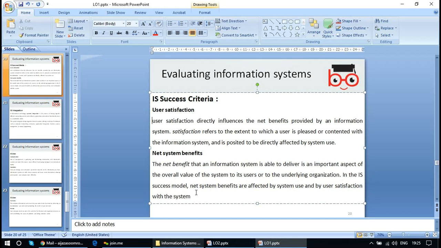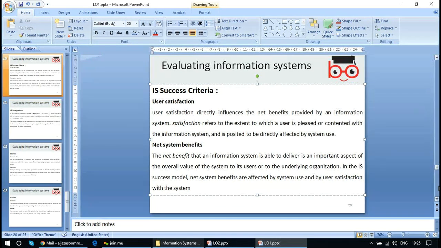So whatever the overall benefits are, if those are availed, they would contribute towards the success of the information system.